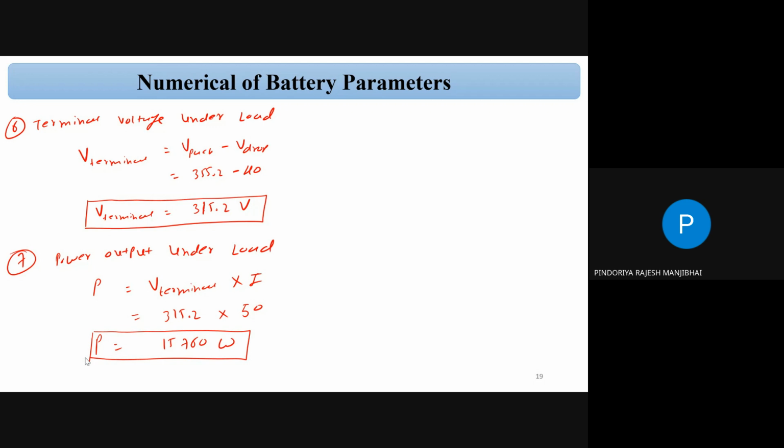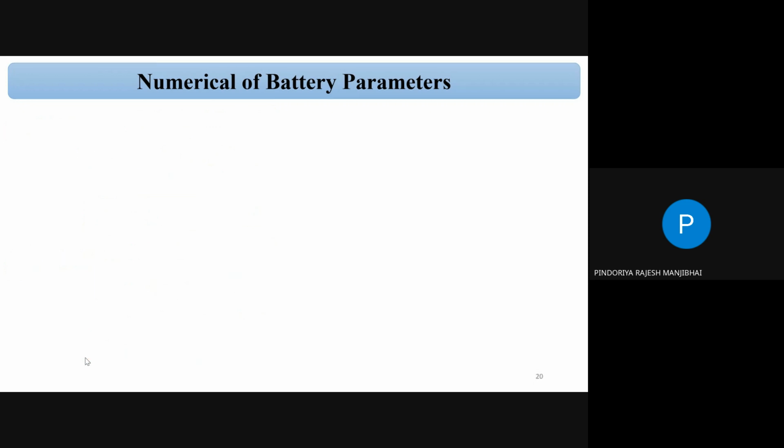And last one, energy delivery time. That is your ideal condition. So time is the cell capacity divided by I. Capacity is 15 and current is 50.